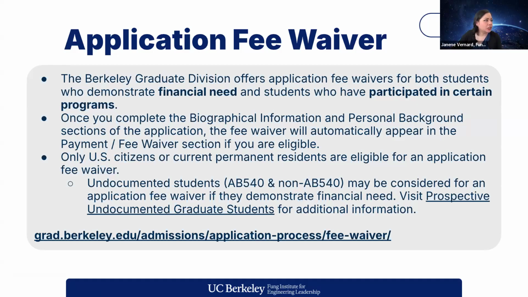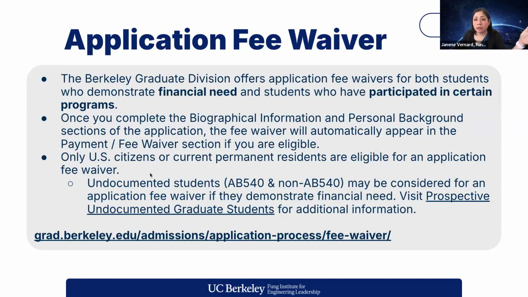The application that we are requesting you to complete to be eligible for the waiver, let's see, where's my chat? Right here, is this one. So you would need to submit the application, make sure it's all complete, go ahead and ignore the payment page, and then submit this form.